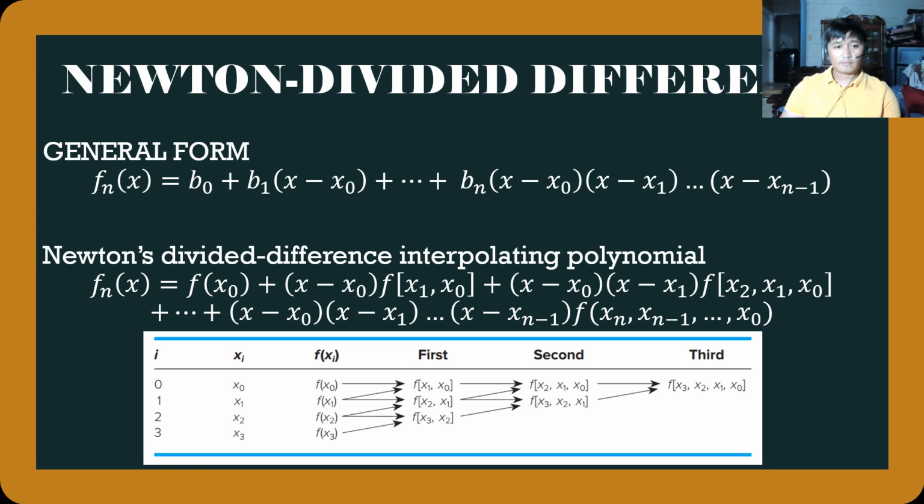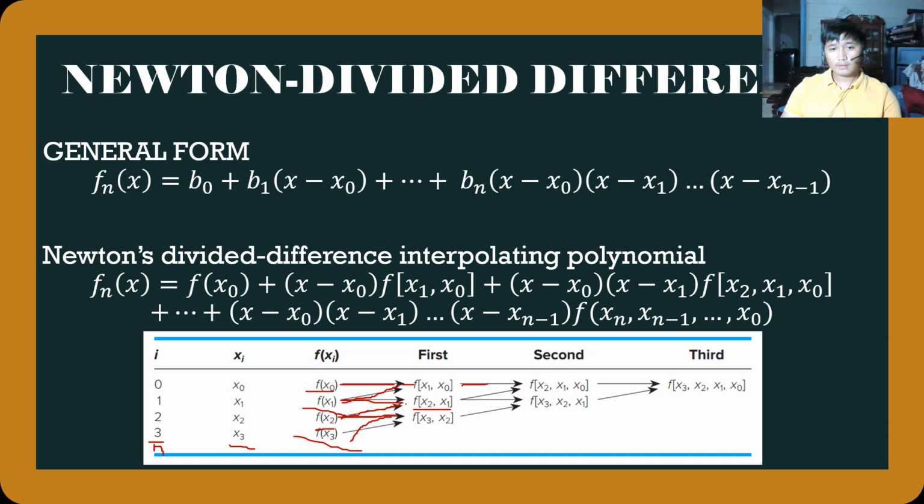If we have n from 0 to 3, and we have x sub 0 to x sub 3 values and the corresponding function values, these two will become 1, these two here become this one, and f of x sub 2 and x sub 3 will become one function.